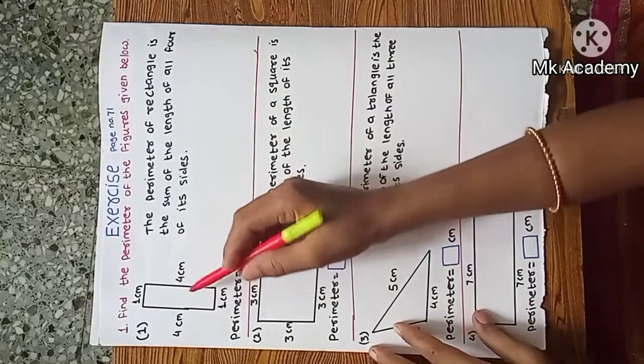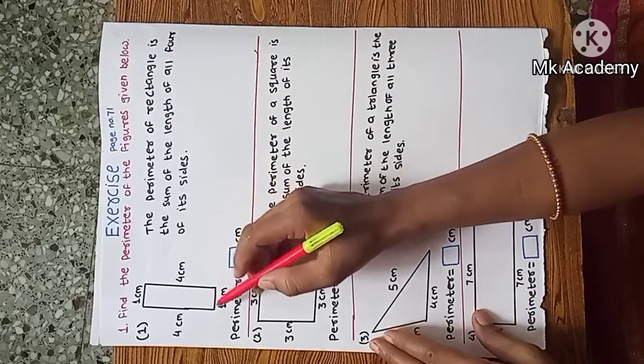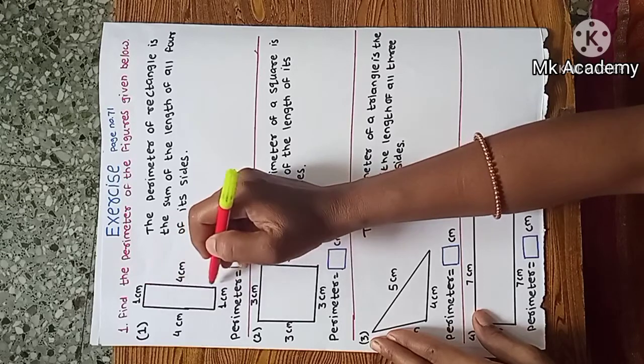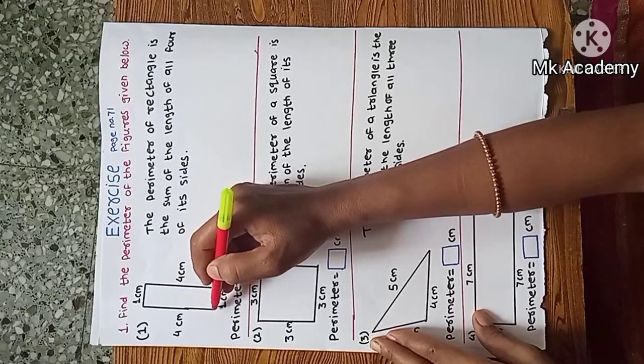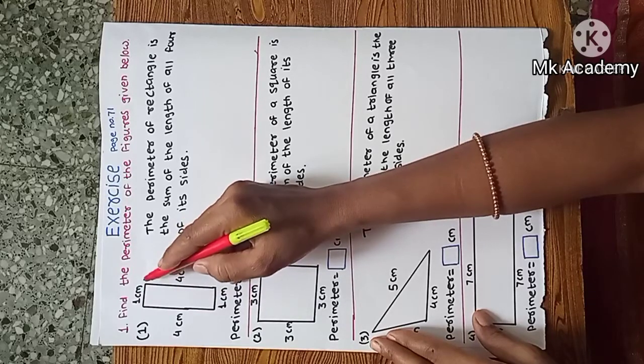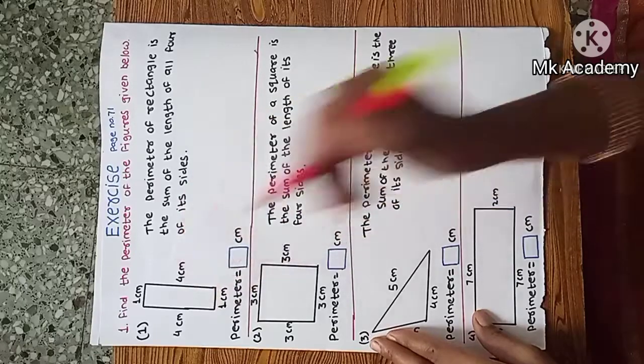This shape is a rectangle and we have given the sides. See these 4 sides: the length of this side is 4 centimeter, the length of this side is 1 centimeter, again the length of this side is 4 and this side is 1 centimeter.